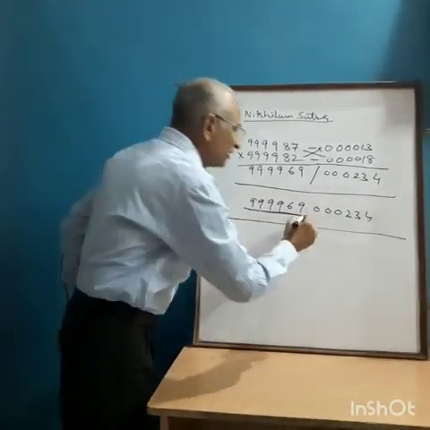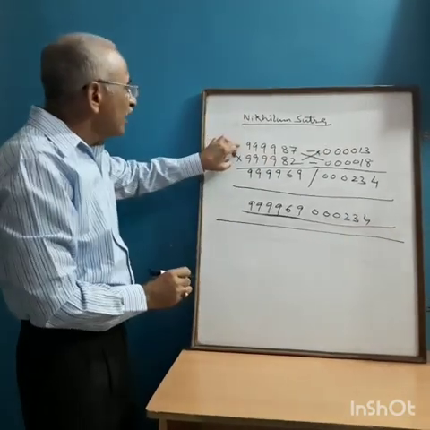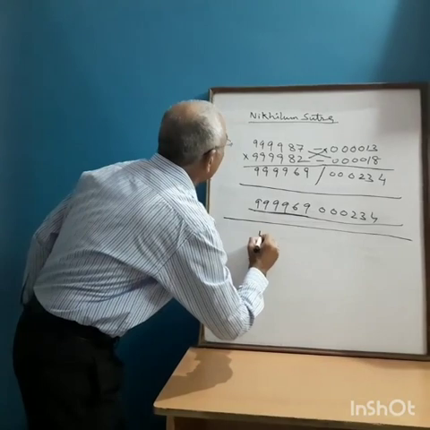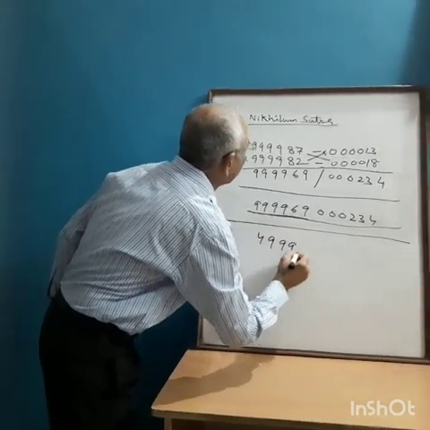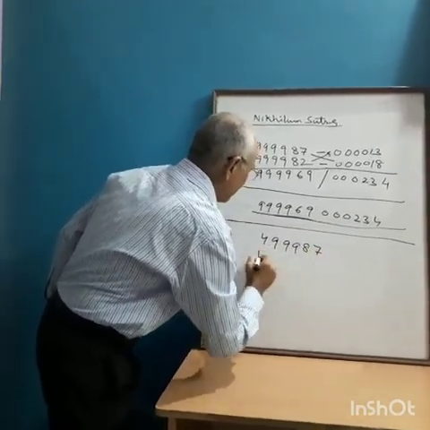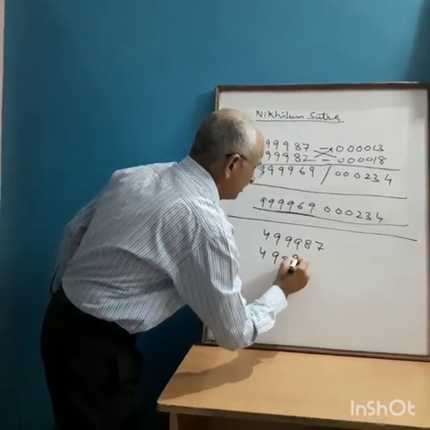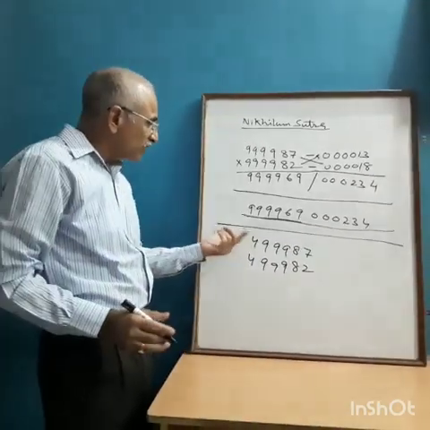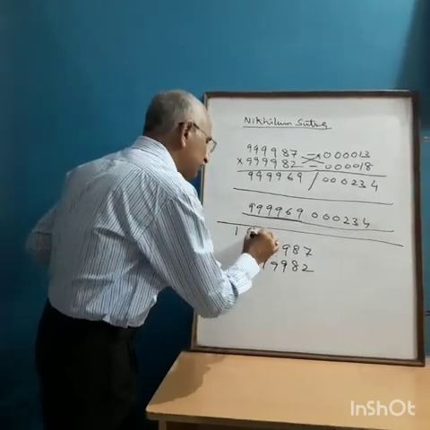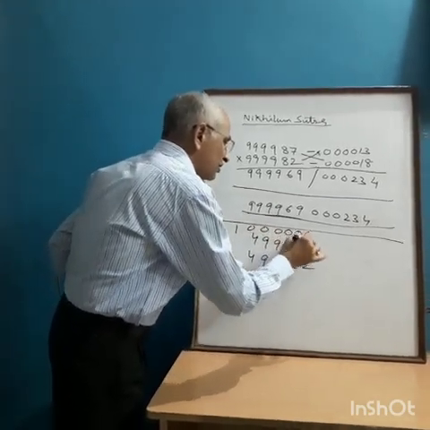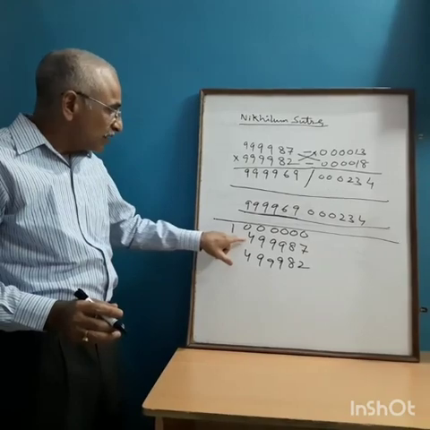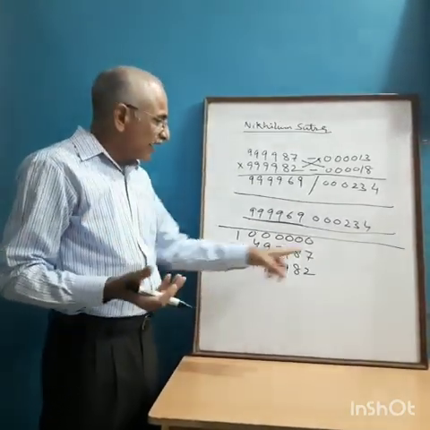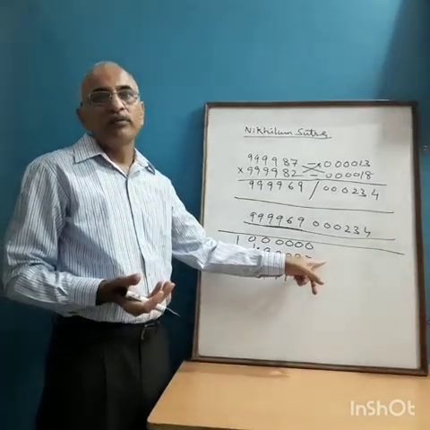Again, when you are having any digit, let's consider, for example, 499987 and 499982. Here, when you take the base number like this, the difference of these numbers will be a large number and their oral multiplication will not be possible.